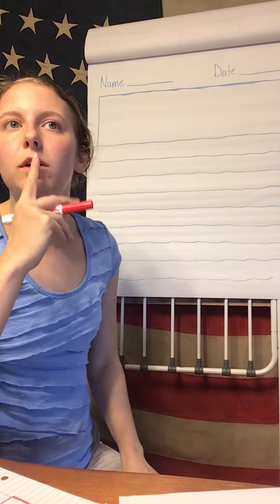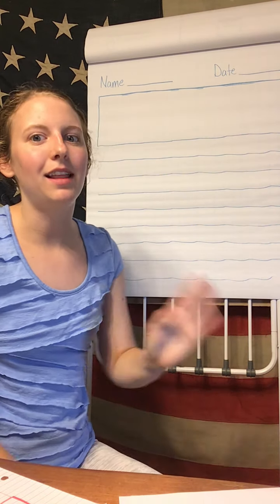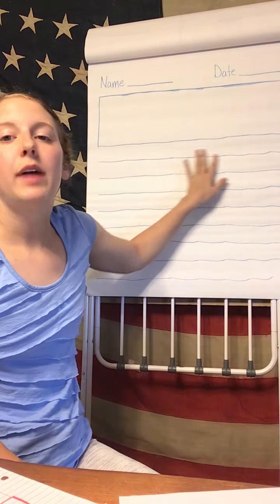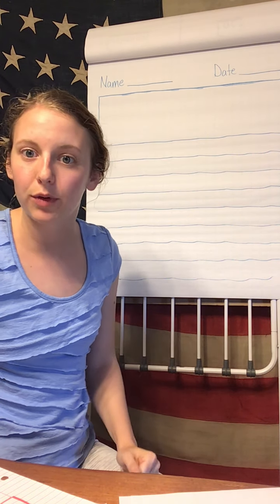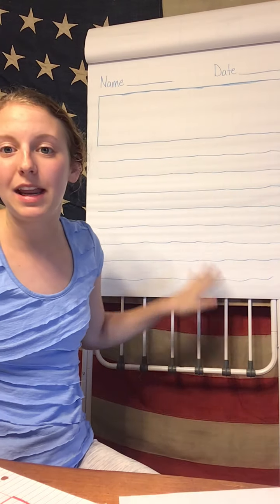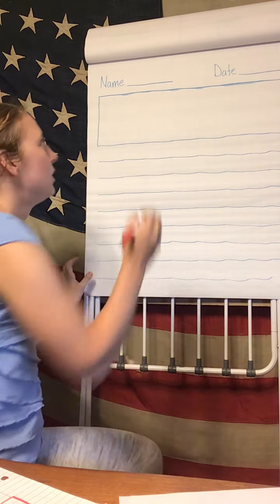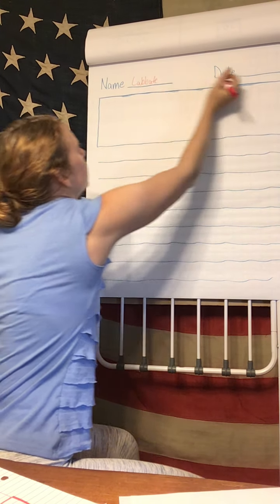Now, I want to write about the beach. I love going to the beach during the summer. So I want to write down one fact about the beach, something that's real and true that can be proven. And then I want to give my opinion about the beach. So start with my name, date.